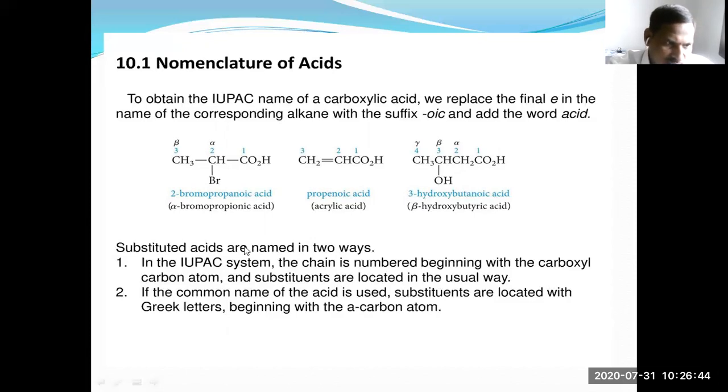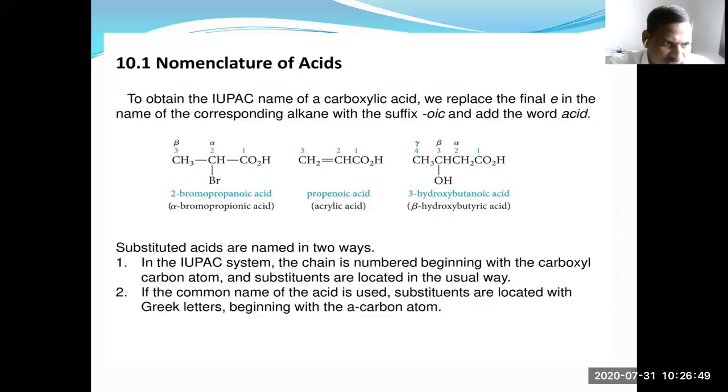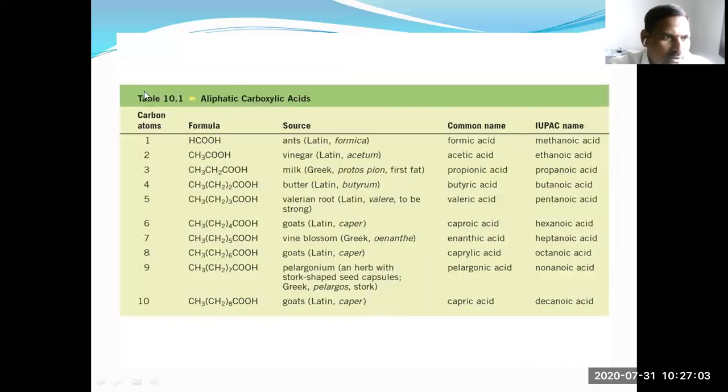This is the IUPAC nomenclature of carboxylic acids. If the common name of the acid is used, substituents are located with Greek letters beginning with the alpha carbon atom. See the table here.